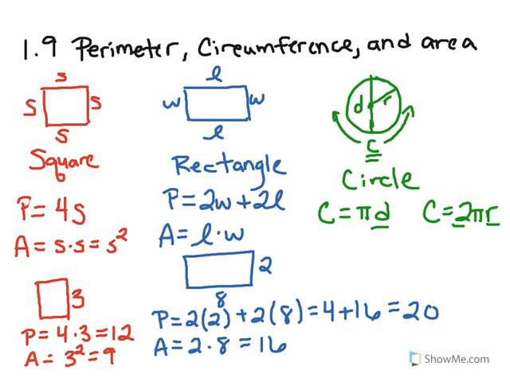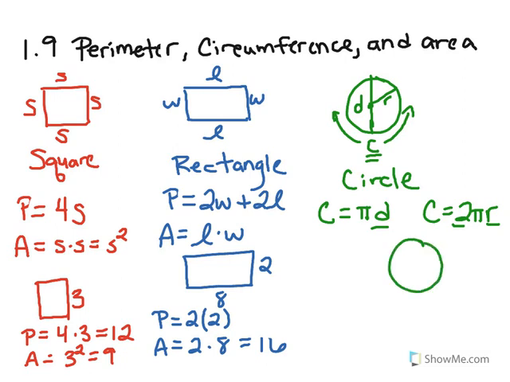And I'm going to go ahead and erase some of the blue from the previous, so I have some room to work. And let's take a circle, for example. And let's say it has a diameter of 10, and I want to know the circumference. So circumference is equal to, now I'm going to use the formula that works the best for the information that's given to me.